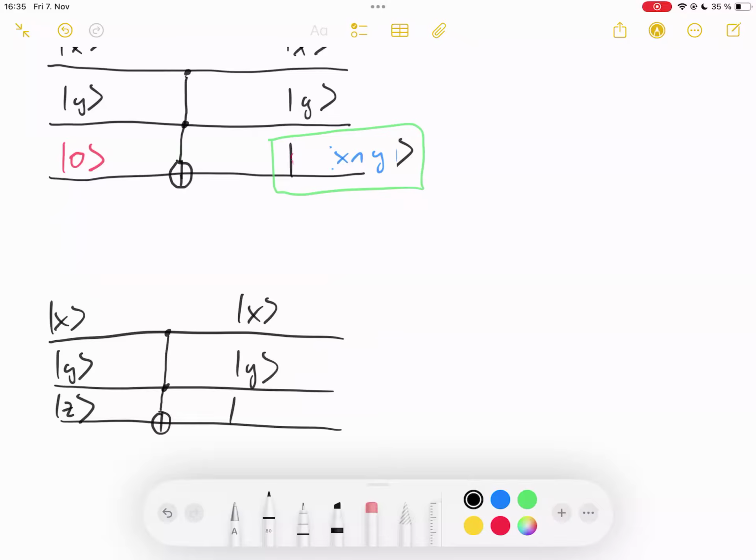But I'll just change this and use other colors to show you what I'm aiming to do.